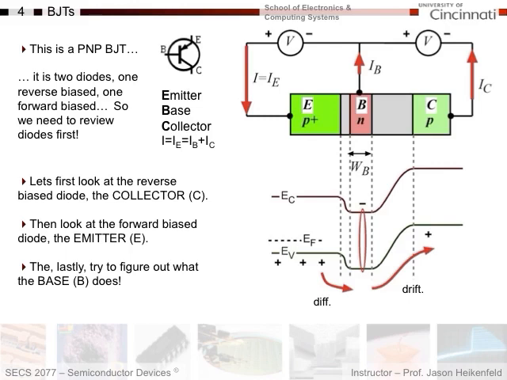Okay, so here's a BJT. We'll start to break this down bit by bit, so don't become overwhelmed when we first look at this. If you look at the BJT, it's two back-to-back diodes. Here's a PN junction, P-type, N-type, and here's a PN junction on this side. And here's the depletion region. Here's the emitter, here's the base, here's the collector.